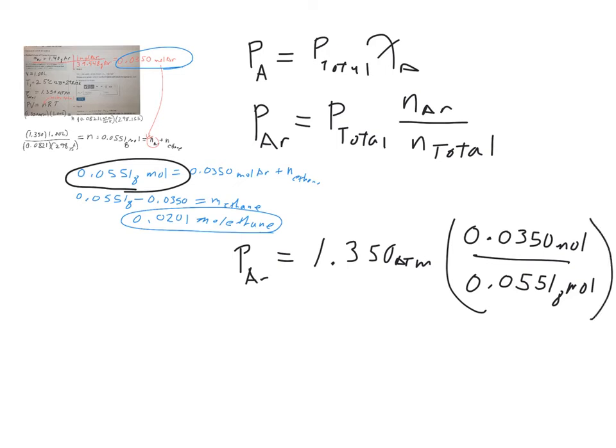That gives me my partial pressure of argon: 1.350 times 0.035 divided by 0.05518 equals 0.856 atm.